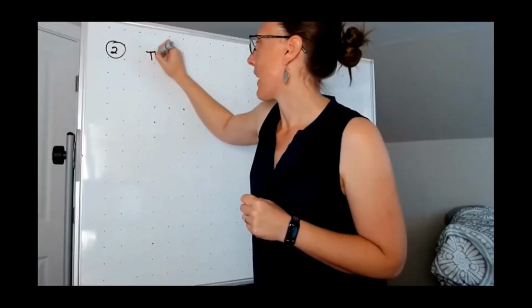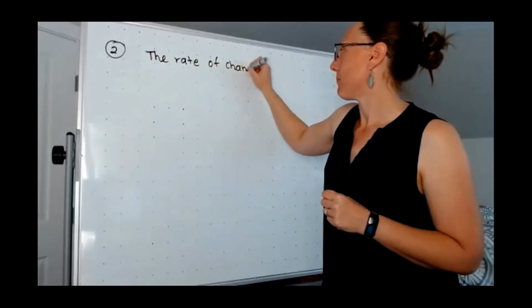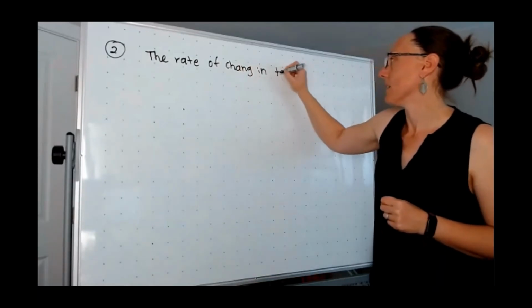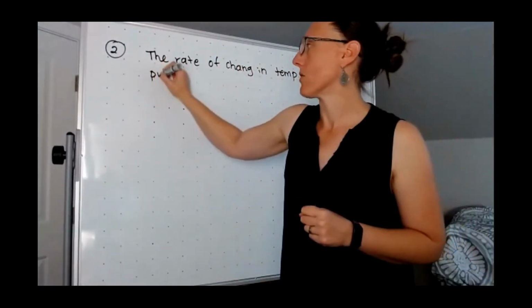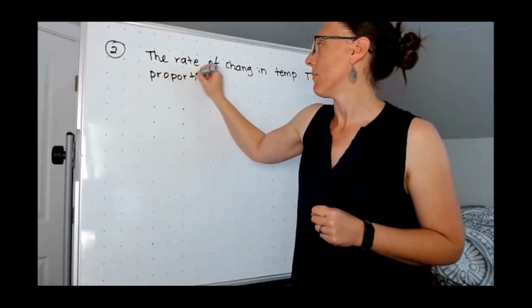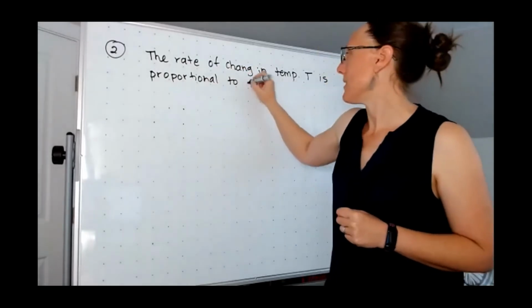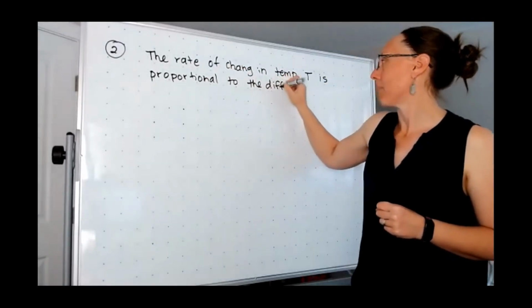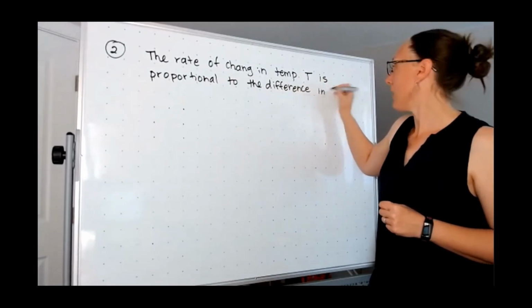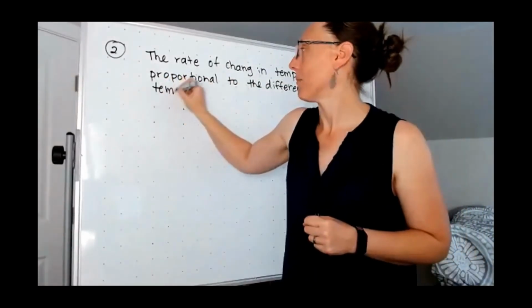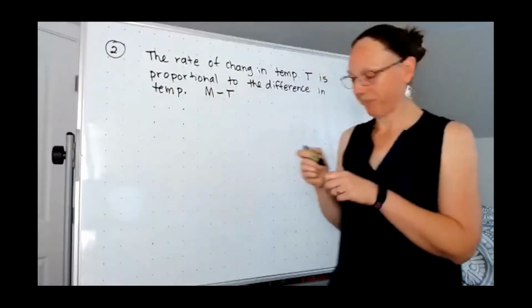So it tells us that the rate of change in temperature T is proportional to the difference in temperature M minus T.